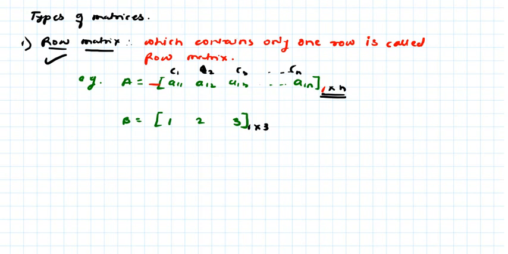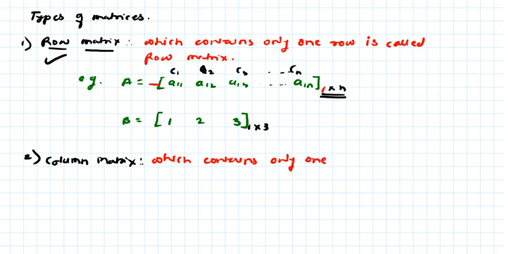Now the next type of matrix is the column matrix. Obviously, the matrix which contains only one column is called a column matrix.